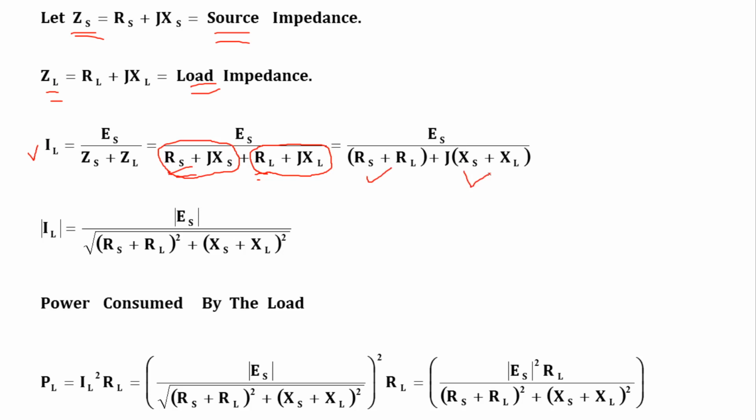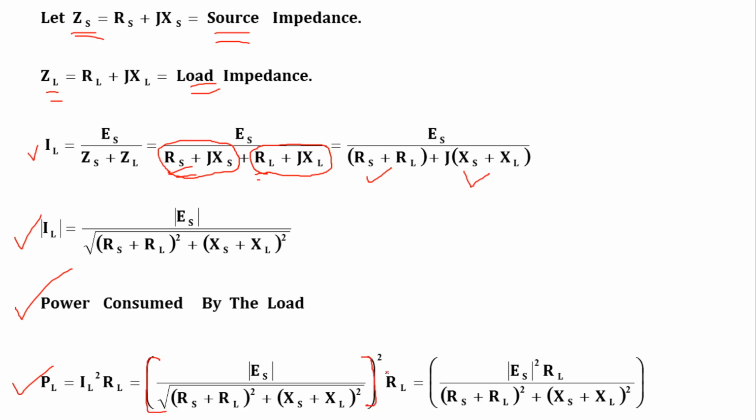So both are complex numbers, so we have to take the mod of IL. It will look like mod ES upon square root of (RS plus RL) whole square plus (XS plus XL) whole square. So power consumed by the load is PL equal to IL square into RL.